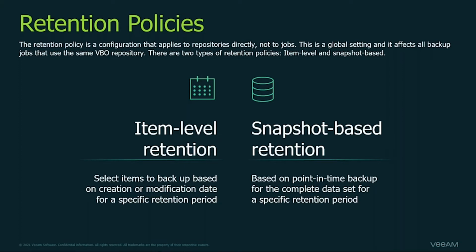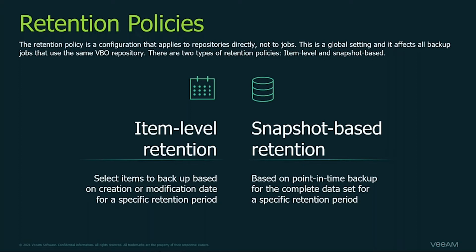Item level retention is all based off of the creation and modify date of an item, meaning that if you created an item a month ago, but you've updated it in the last week, that would be within its modification date. If you set item level retention to say 2 weeks, then the files that have been updated, created, and modified in the last 2 weeks would be within this retention period.